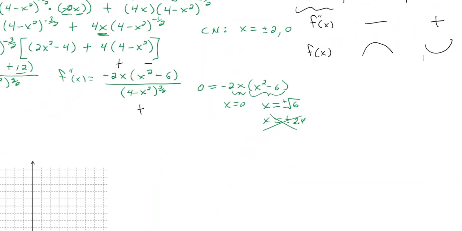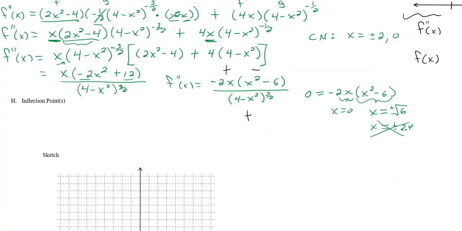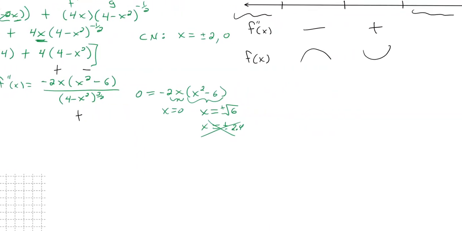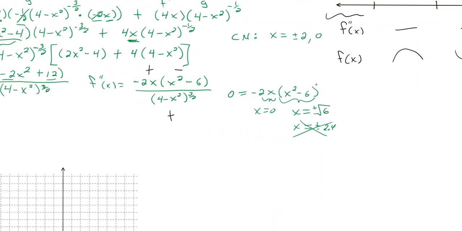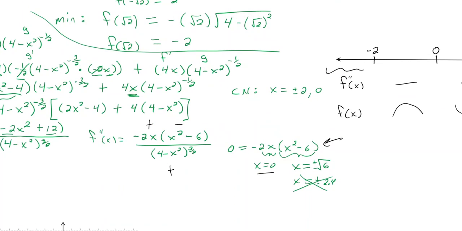All right, so our last one here, any inflection points? Well, we kind of went through this, right? That's going to happen when our second derivative is equal to 0. So that's where we were finding where our numerator was equal to 0. We found that happens when x is equal to 0 and then plus or minus root 6. But these ones fell outside of our domain, so they weren't really inflection points.